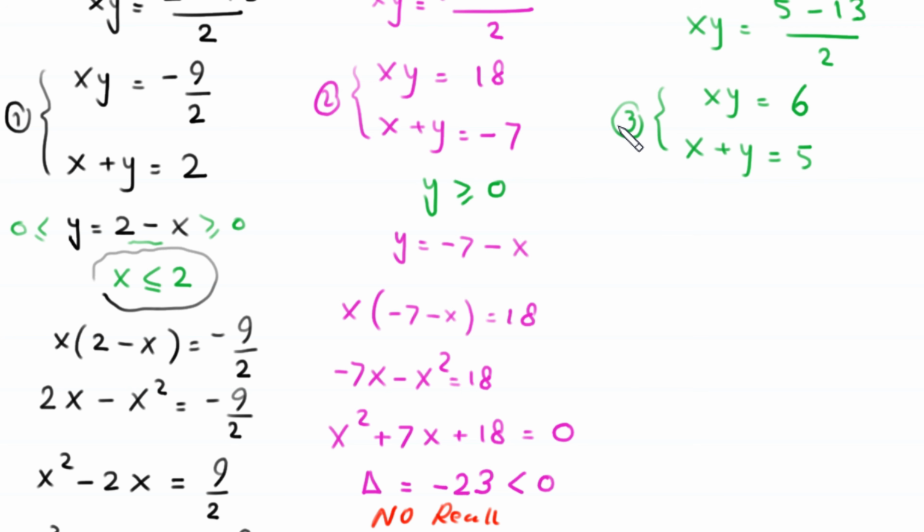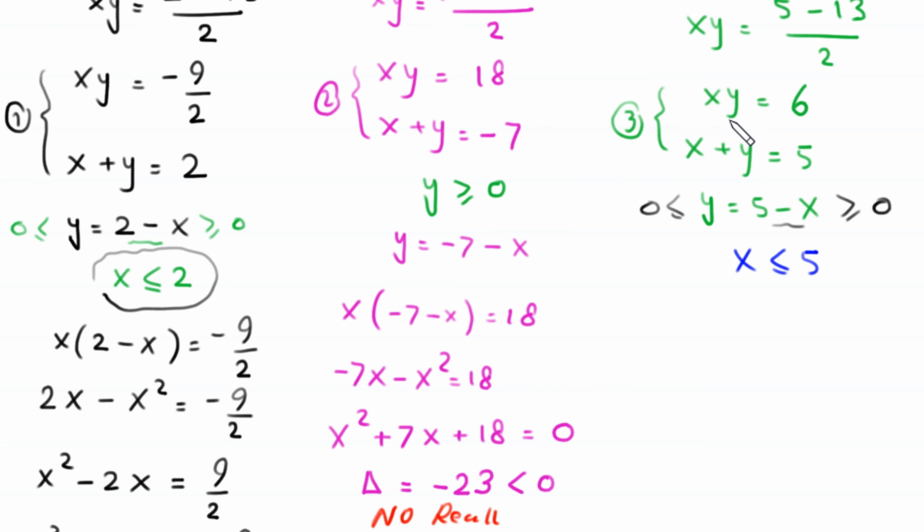And now we solve this case number 3. From this equation, if we move this x to the right hand side, y will be equal to 5 minus x. Since y is greater than or equal to 0, this 5 minus x must be greater than or equal to 0. So the domain of the equation for this case is x must be less than or equal to 5.